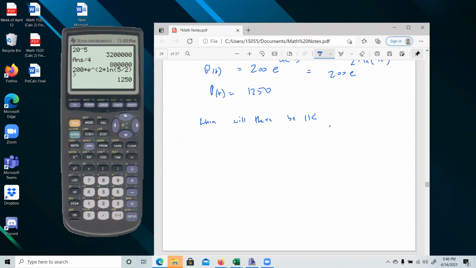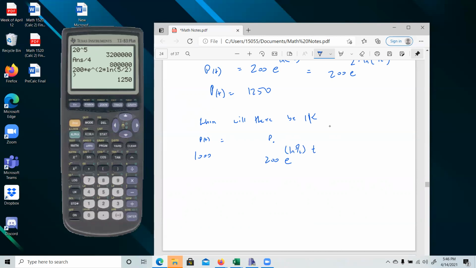Okay. So we're going to put the 1,000 in, because that's P of t. P of 0 was 200, e to the r, which is 5/2, and we don't know what t is now.